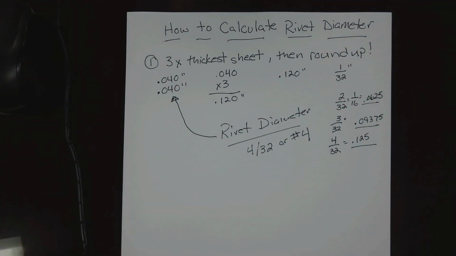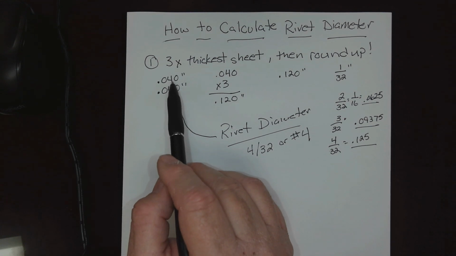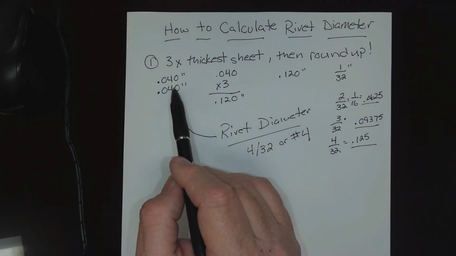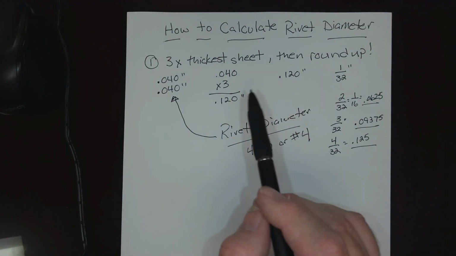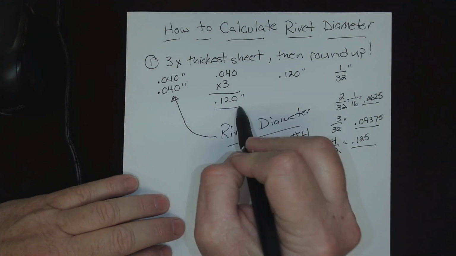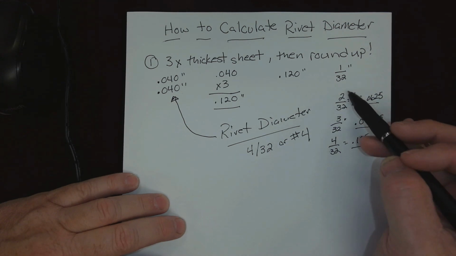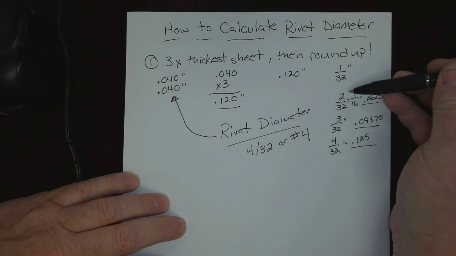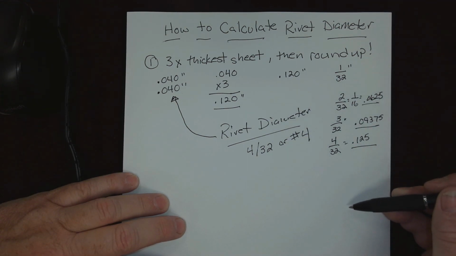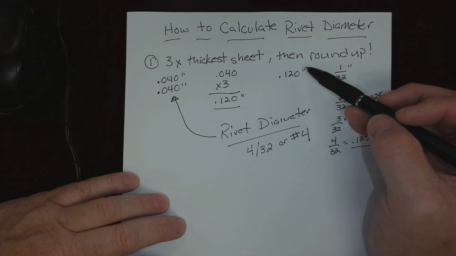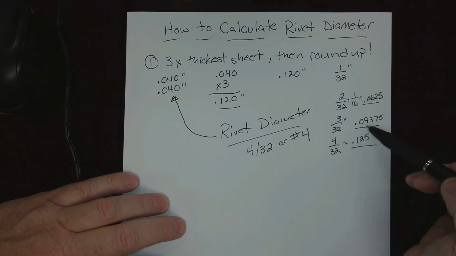Now remember, the key parts to this: select your thickest sheet in your stack up, 3 times that. We're going to end up with the decimal. Compare that to the decimal equivalents of all of our rivets. You can simply make a little breakdown of those in decimals, and then we simply look. In this case, this was lower.